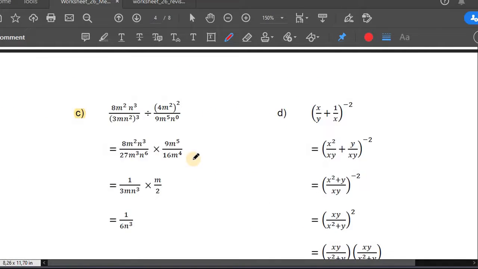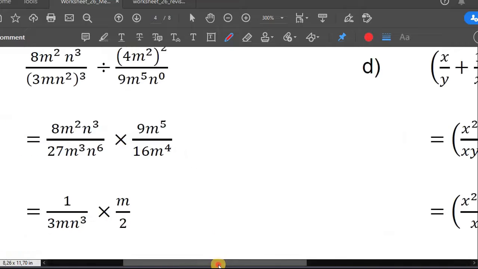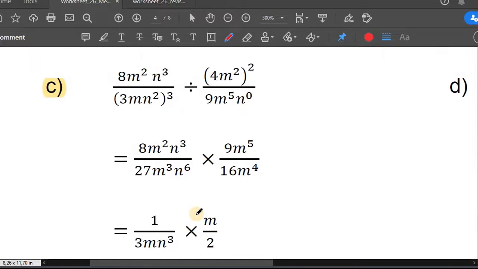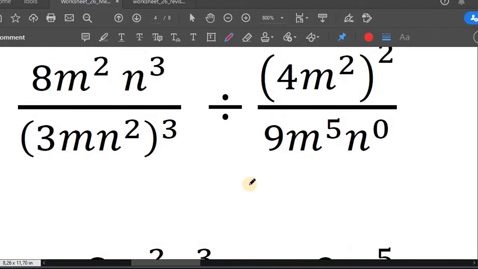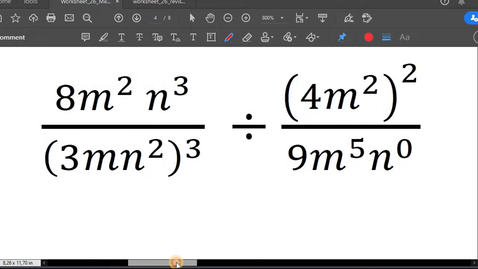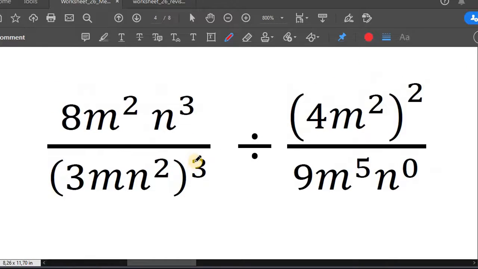Let's go on to C. C, okay, 6 minutes. Okay, let me zoom in a lot here because I want you to see that this 3 is going to be multiplied by this n squared.